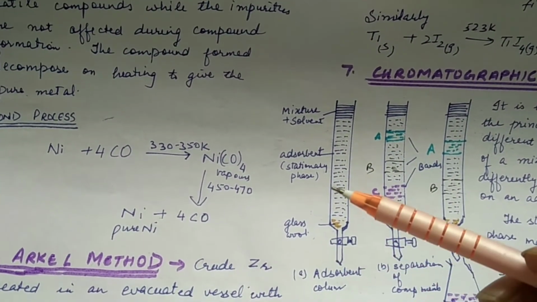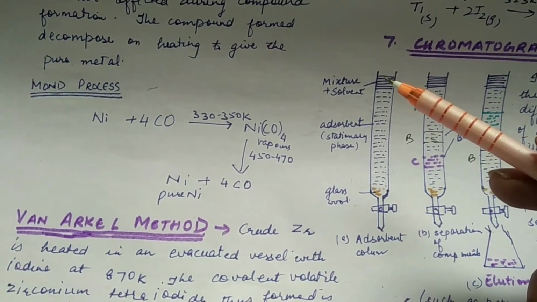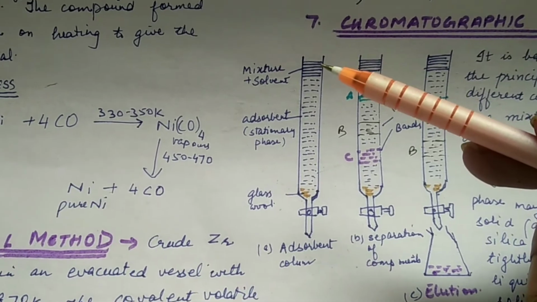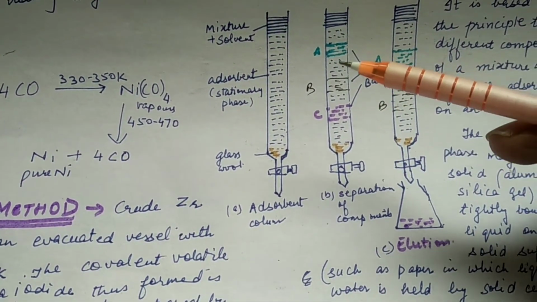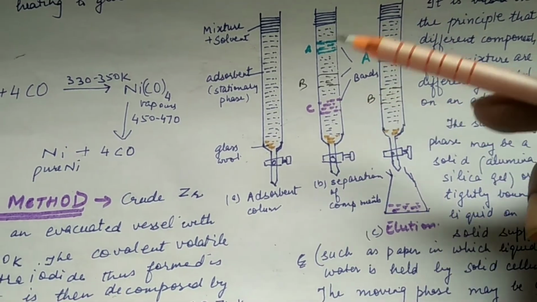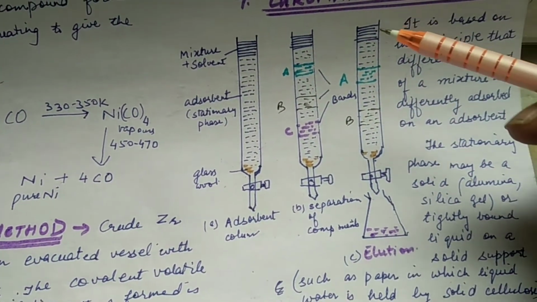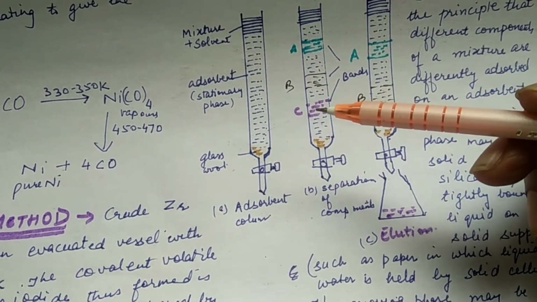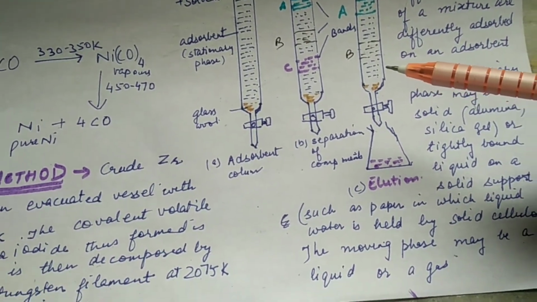The mixture to be separated is mixed in a suitable solvent and applied on the top of the column. Because different components of the mixture are adsorbed to a different extent, they form different bands in the column after some time. Then a suitable solvent known as eluent is again passed from the top, which brings down the bands at different speeds.